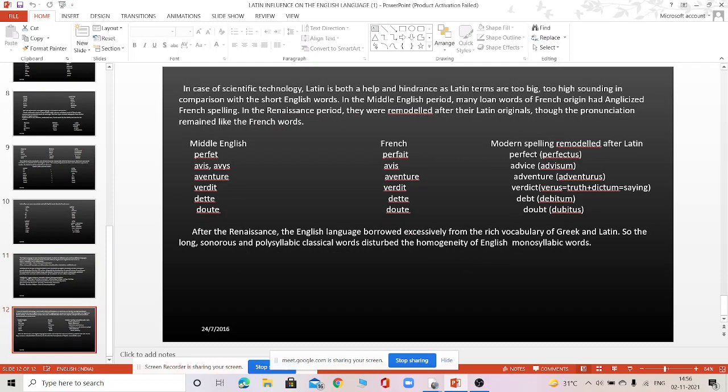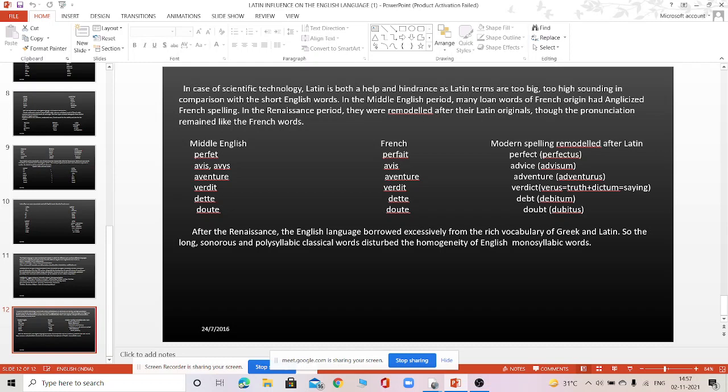For example, in case of scientific technology, Latin is both a help and a hindrance. একটা সুবিধাও হচ্ছে আবার একটু অসুবিধাও হচ্ছে, as Latin terms are too big, too high sounding in comparison with the short English words. সুবিধাটা হচ্ছে নতুন নতুন ওয়ার্ড সৃষ্টি করা যাচ্ছে সহজে, new words can be created with ease. আর অসুবিধাটা কোথায় হচ্ছে, এই ল্যাটিন ওয়ার্ডগুলো বড় বড় কমপ্লেক্স, এগুলোকে মনে রাখাও অসুবিধে আর উচ্চারণ করাও অসুবিধে। তো ইংলিশ ওয়ার্ডস are much shorter and they can be remembered easily.